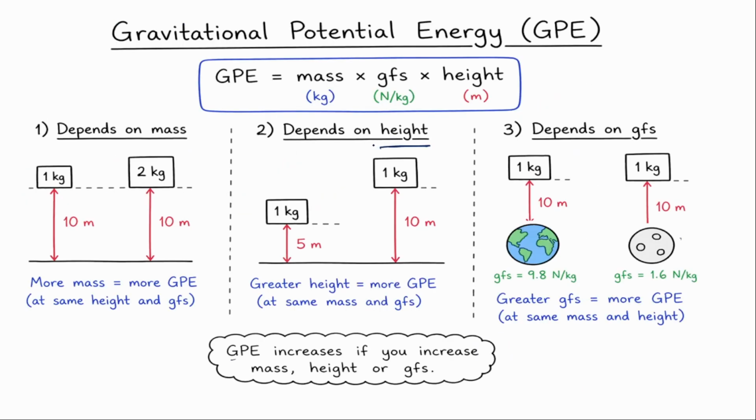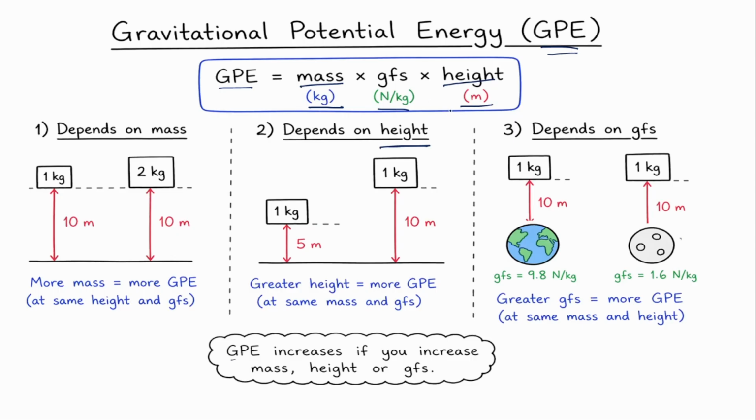Let's break down the gravitational potential energy, or GPE. The equation is GPE equal to mass in kilograms times the gravitational field strength in newtons per kilogram times the height in meters.